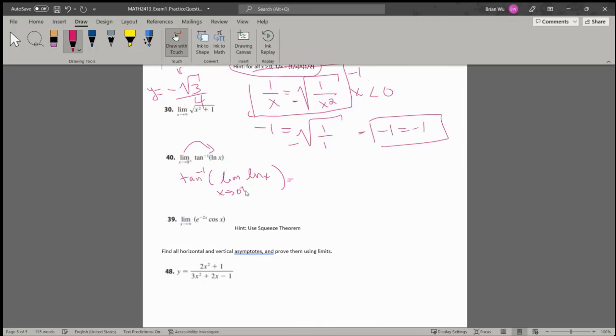If we put in a test value, like 0.001 for ln of x, as we recall, the graph of ln x goes to negative infinity as you go really close to 0 from the right side. So essentially, you have tangent arctan of negative infinity, right?